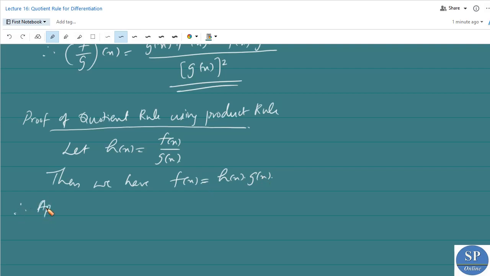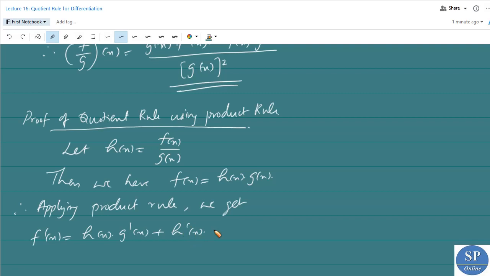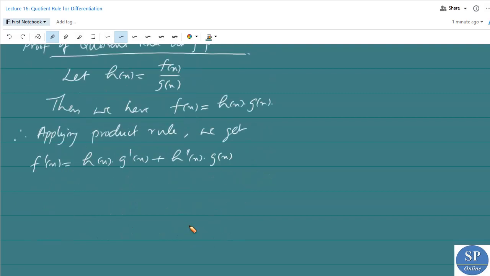Therefore, applying product rule, we get f dash of x is equal to h of x into g dash of x plus h dash of x into g of x. So from this we can find h dash of x. We need to find the derivative of h of x, that is the derivative of f of x divided by g of x.